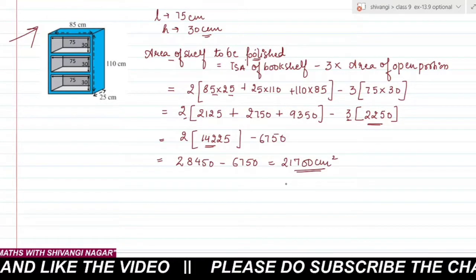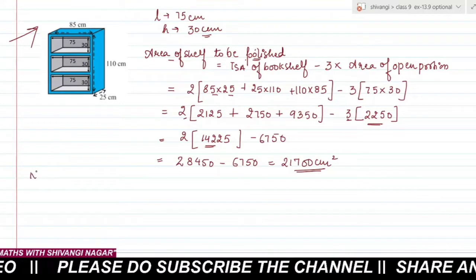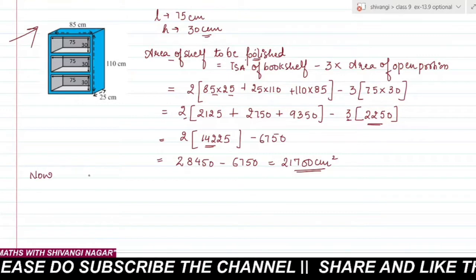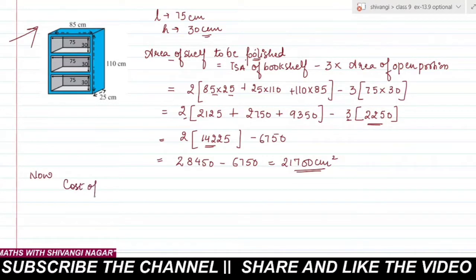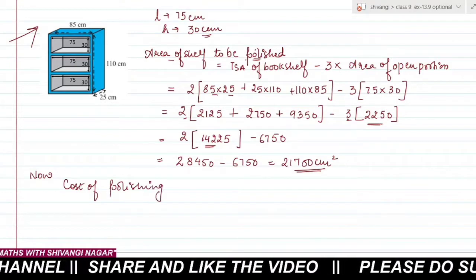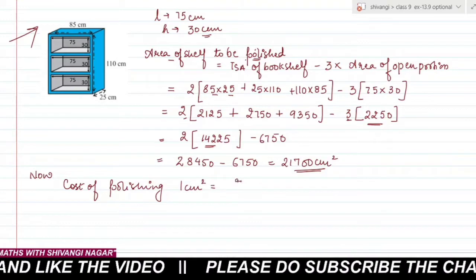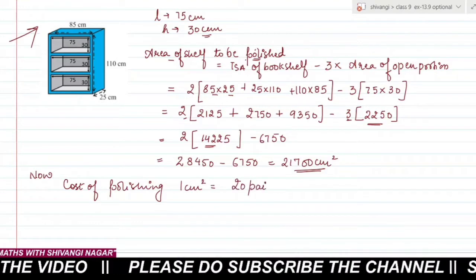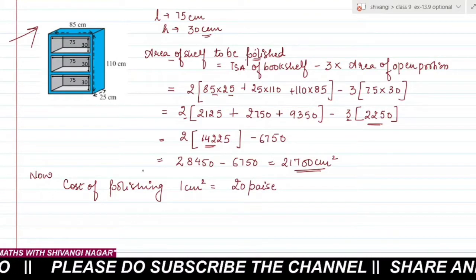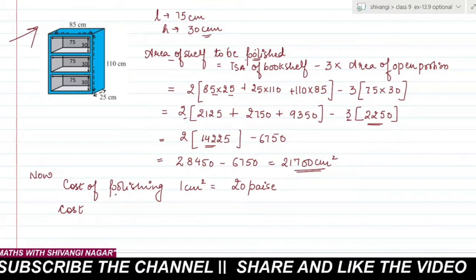So let's calculate how much is the total cost. We are given that the cost of polishing 1 centimeter square is 20 paisa. Then how much area we need to polish?